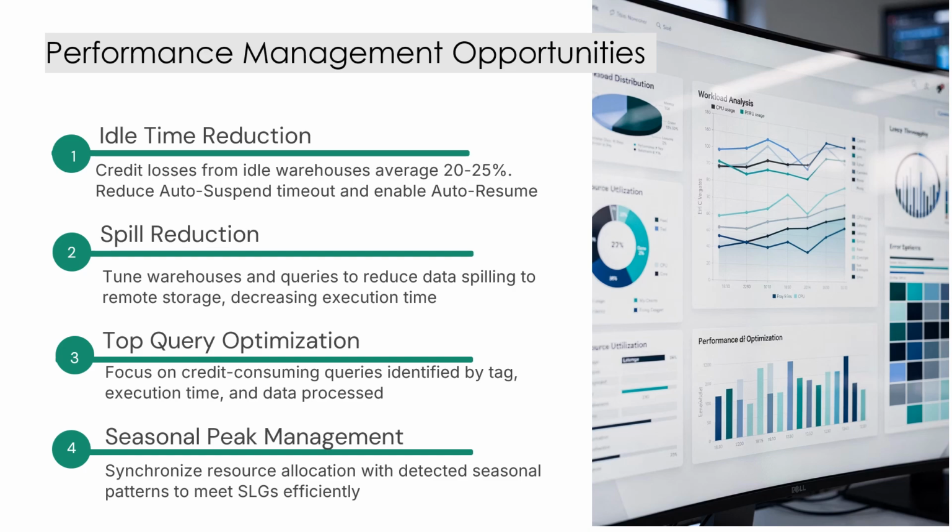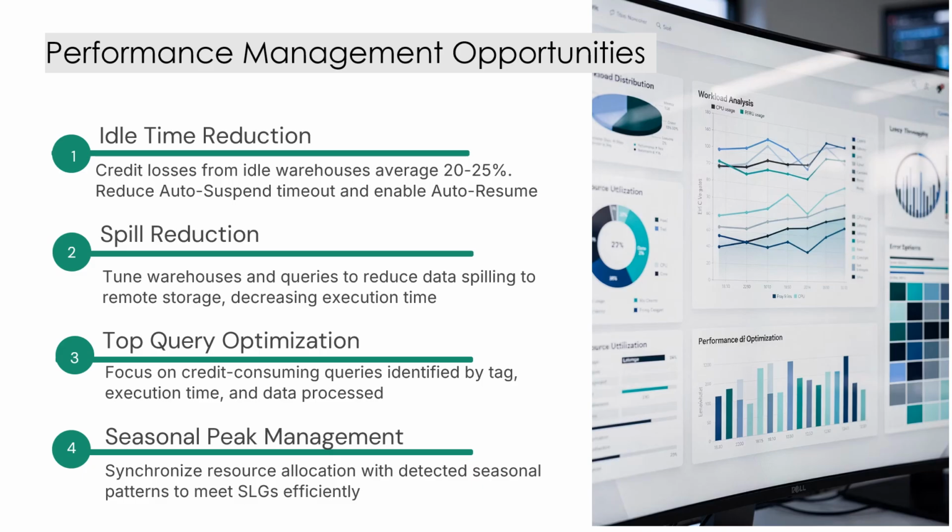When the observability process determines performance and cost anomalies and corresponding root causes, performance tuning is the first level of defense. We can reduce idle time. In general, warehouses waste about 20–25% of the credits. You can reduce data spill and improve execution efficiency.